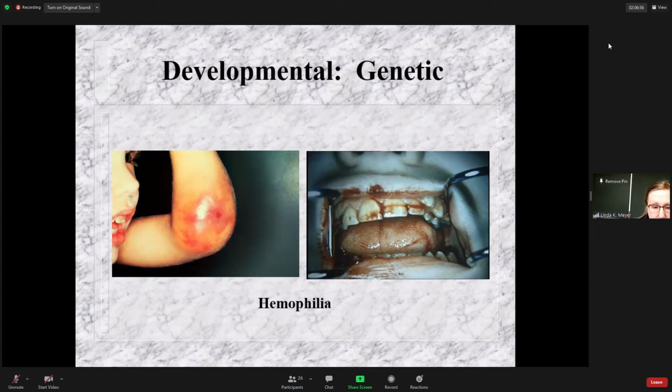Hemophilia is definitely a genetic disease, where these patients are lacking certain clotting factors, so they're prone to abnormal bleeding. They actually have to have what's called replacement therapy. They have to have blood transfusions for replacement of the clotting factors that they're missing.